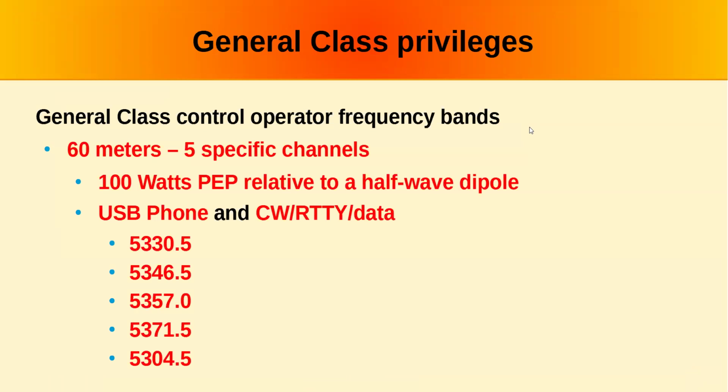Secondary. I think it's the military primarily. You're limited to 100 watts peak effective radiated power relative to a half-wave dipole. And you can use phone on upper sideband and do CW, RTTY, and other data. For CW, you have to be in the middle of each of the bands.